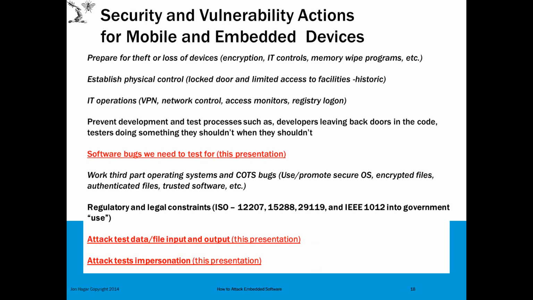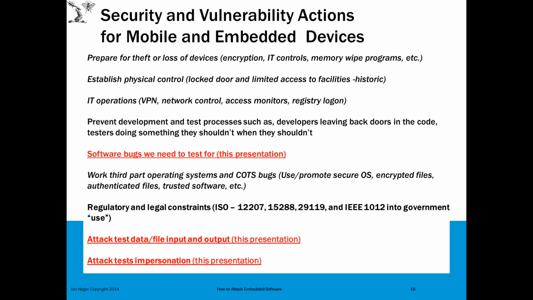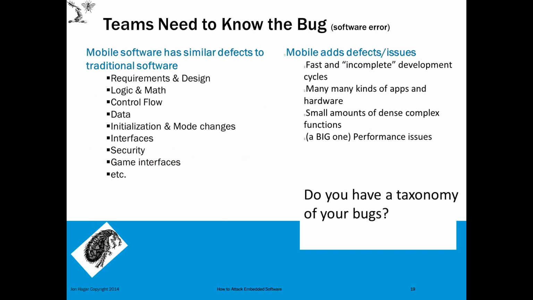And then some, I'll call it impersonation. What I believe testers should be doing is kind of impersonating, playing the role of the bad guy user. I realize that's maybe hard for some of us to do, but I think we can learn how to do that. So that's kind of what I want to focus on.